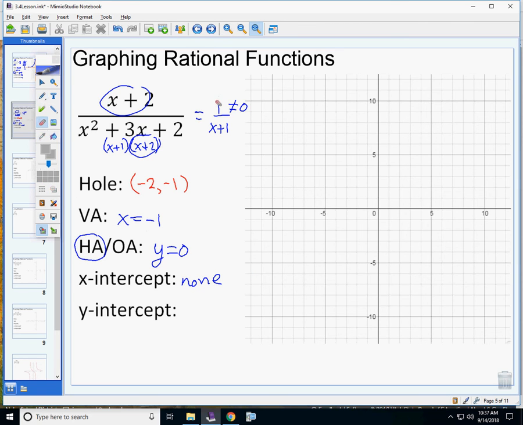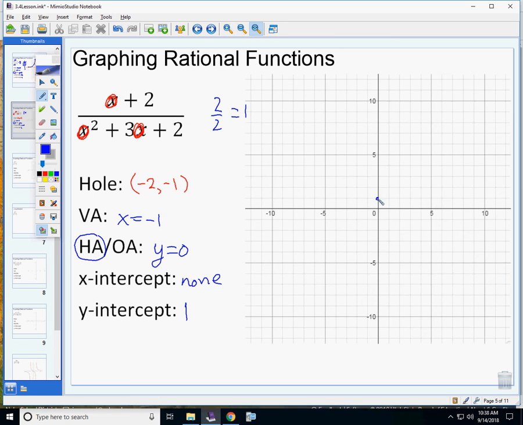There's no x on top to find an x-intercept. And lastly, the y-intercept. That is where you plug in zeros for all of the x values. As you notice, these would just multiply to 0, and we're left with 2 divided by 2, which is 1.